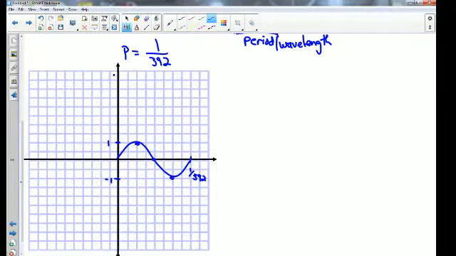Obviously it's not 0 to 2 pi because we've changed the wavelength. At standard sine x, the wavelength is 2 pi. Here we're in a specific situation where that changes. So it's always 1 though, if you're just doing the frequency.